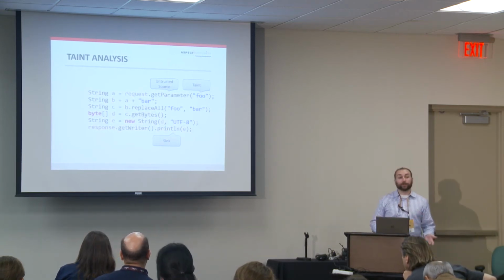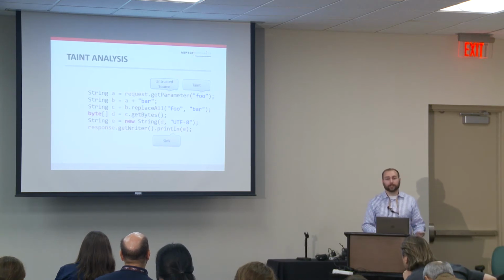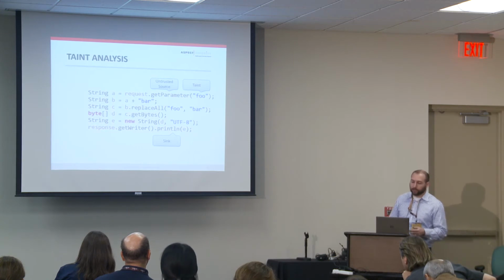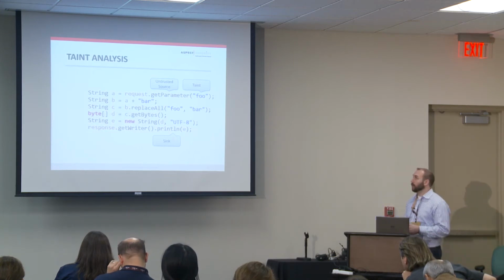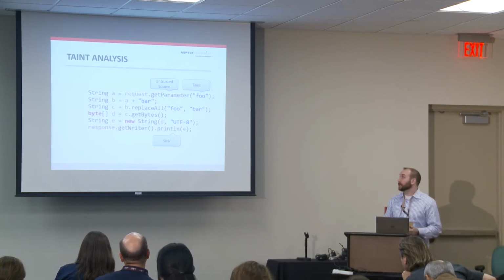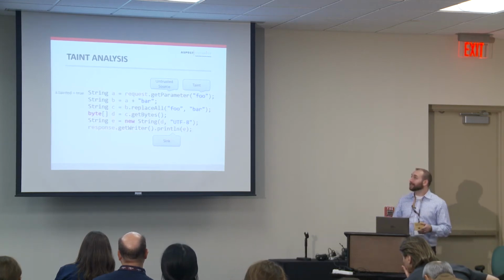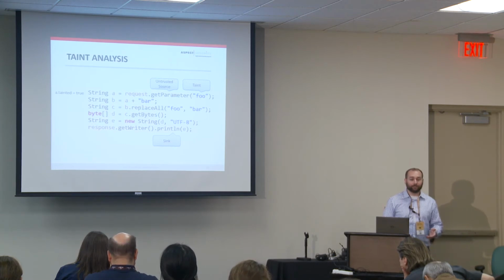So there are a couple different types of data flow analysis. One of them is called taint analysis. So here we're going to look at each line and see how it interacts with the taint. So here we see that string A is now tainted, right?